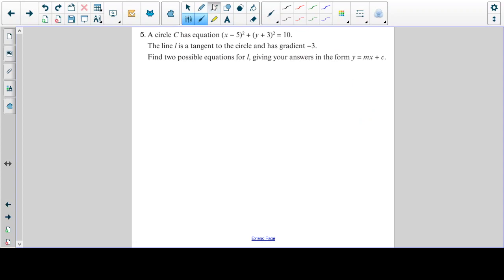So that little diagram might be helpful here. The centre of the circle we can get from the two brackets, 5 minus 3. Radius is root 10.